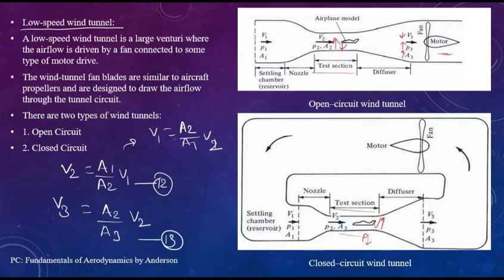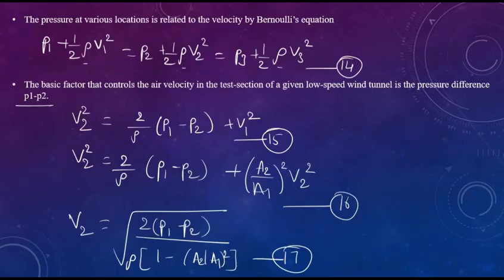And when this pressure difference is adjusted, using equation 17 I can calculate the velocity in the test section as well.